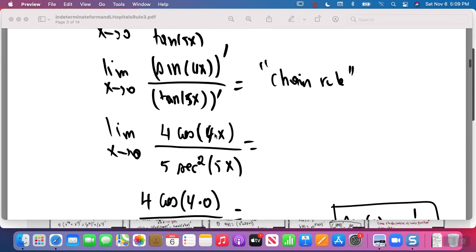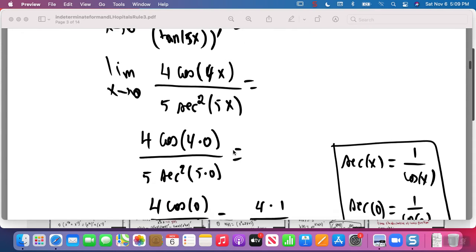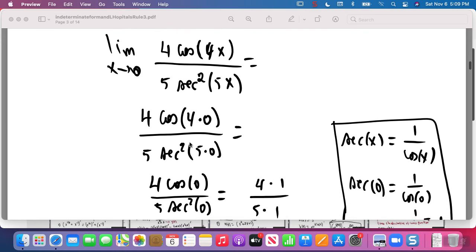By the chain rule, the derivative of sine 4x gives you 4 times cosine 4x. Chain rule again, the derivative of tangent 5x gives you 5 times secant squared of 5x. Then when you take the limit as x approaches 0 of this quotient, you evaluate the two functions at 0 for x.